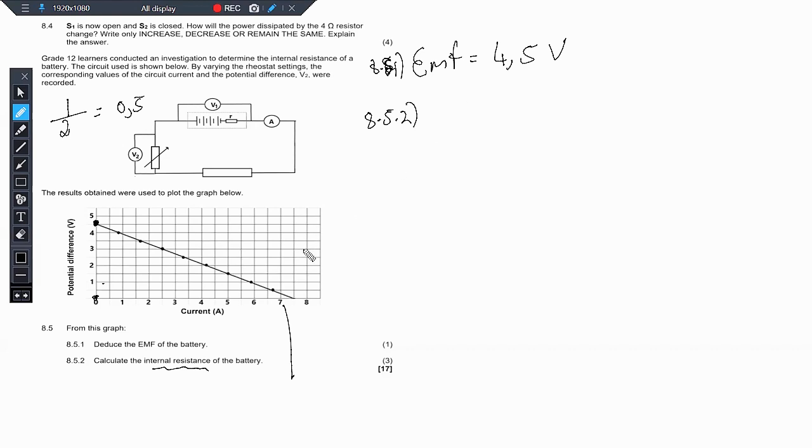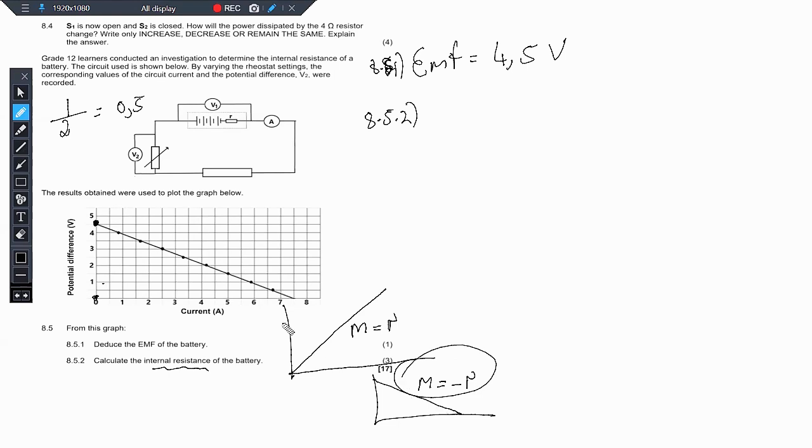But the one thing that you have to note is that normally our graph looks like this, an increasing graph. Now that we have a decreasing graph, the gradient actually represents the negative of the internal resistance. Because remember, a decreasing graph has a negative gradient. So this is a way to indicate that we have a negative gradient.